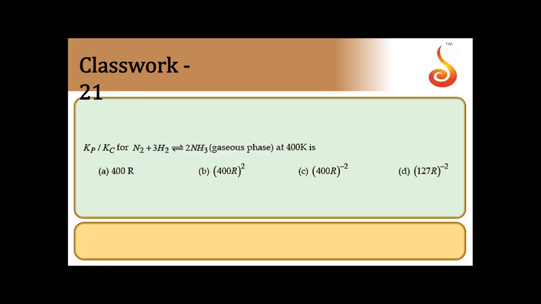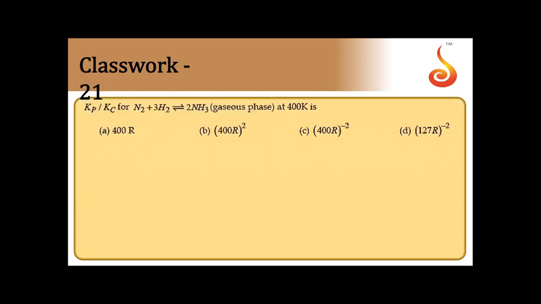Next is 21. Kp by Kc for the reaction N2 giving rise to 2NH3 at 400 Kelvin. It's also a direct question. Delta N is the number of moles of gaseous products minus gaseous reactants. It comes to 2 minus 4, which is equal to minus 2.